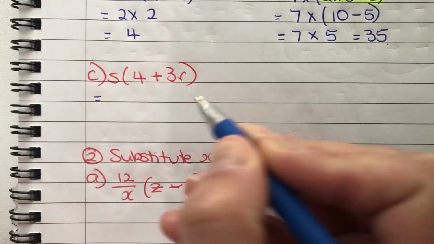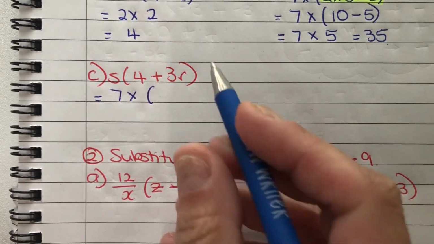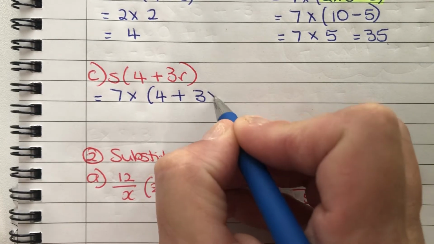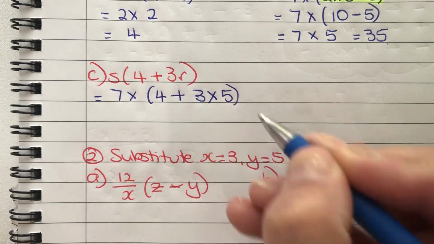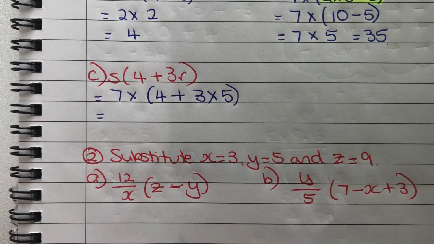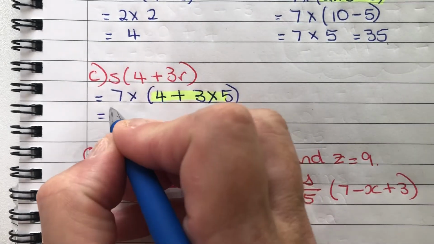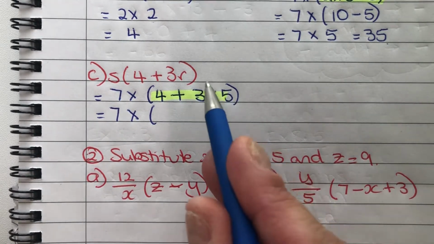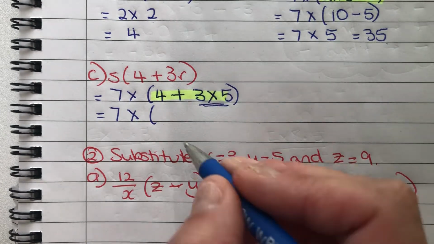Next one, S is 7 times bracket 4 plus 3 times R, but we know R is 5. So I'm going to highlight what you do first. We do brackets first. So now we're going to go 7 times. Now you must look inside the brackets to see what happens first. And we have 3 times 5 first.